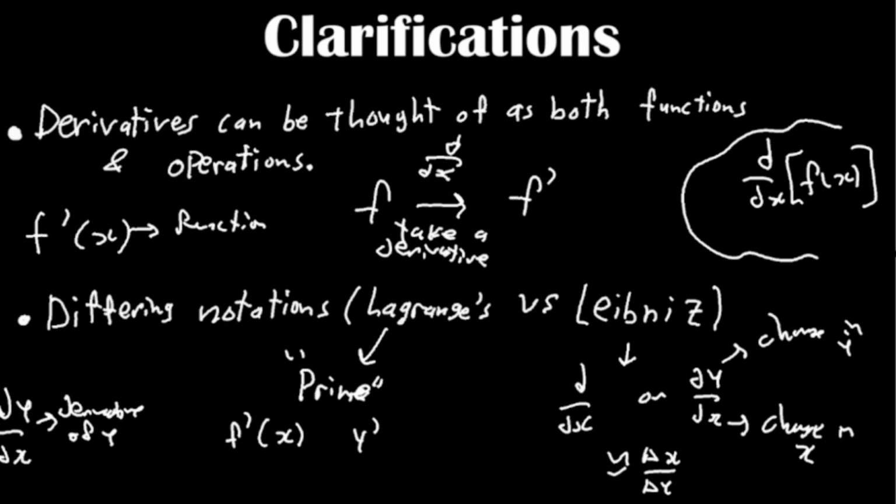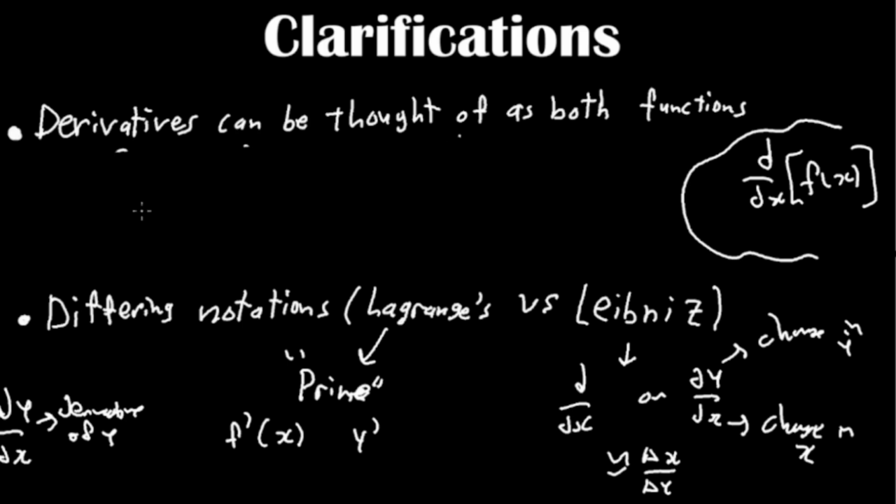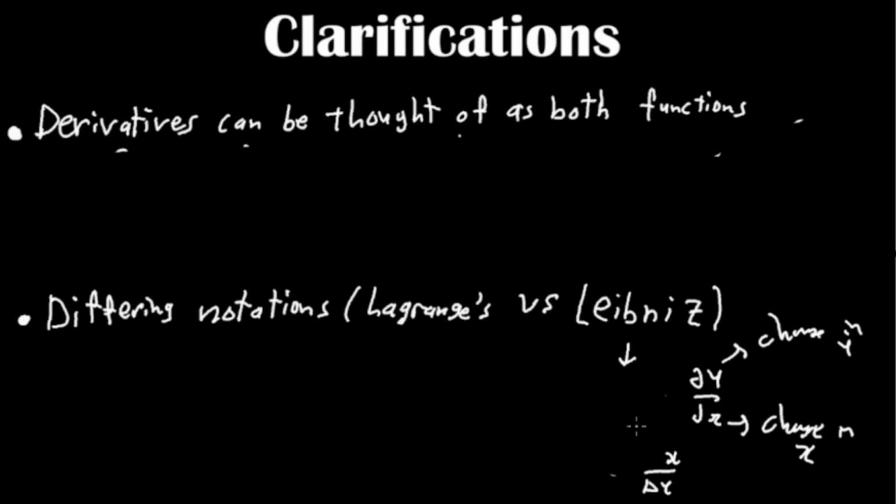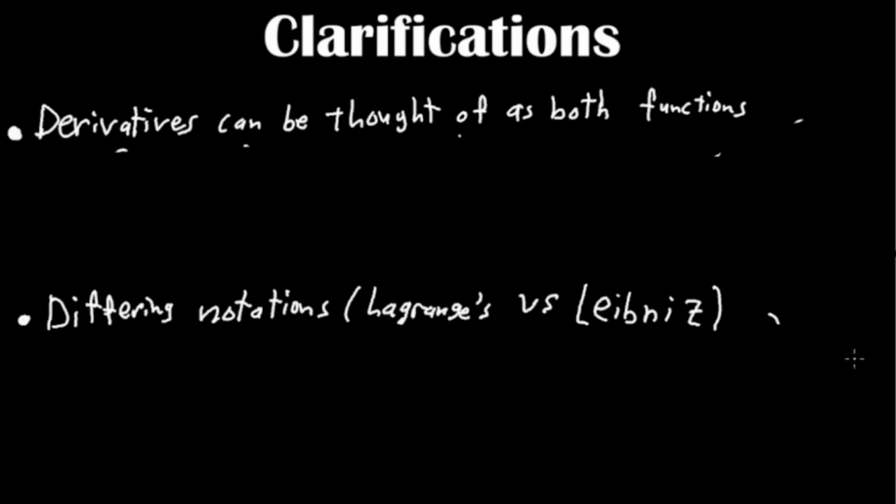But the key thing I want to talk about is there are different types of notations you might see, but they really mean the same thing. So this is your primes. This is your d over dx. It's not necessarily super important that you know the names of them, usually, but it's important to know that they mean the same thing.